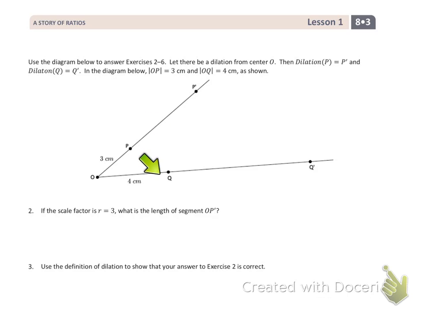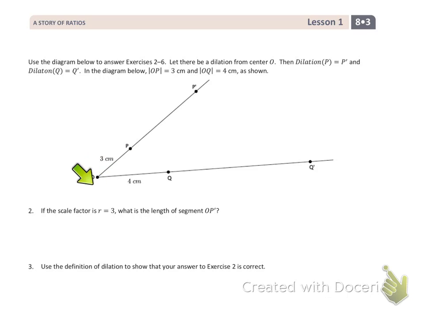And the dilation of Q is Q prime. So in the diagram below, the distance from O to P is 3 centimeters, and the distance from O to Q is 4 centimeters as shown.